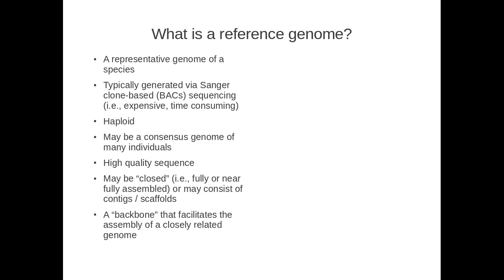It's typically generated via the old Sanger style or clone-based sequencing. The term BAC here is a bacterial artificial chromosome. This is a very large molecule of DNA, up to say 100 kilobases, that is placed in a vector.